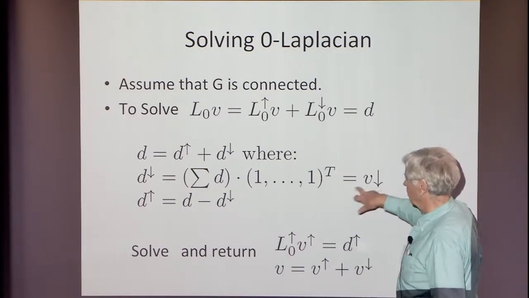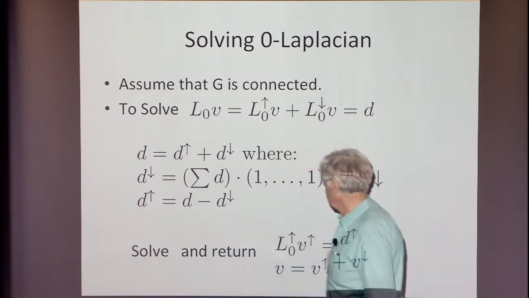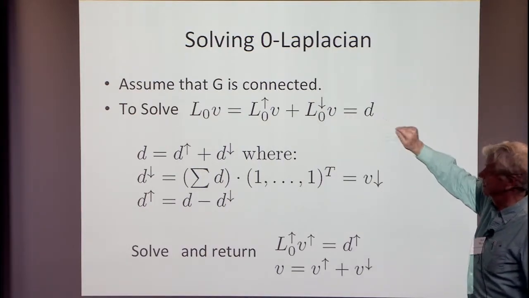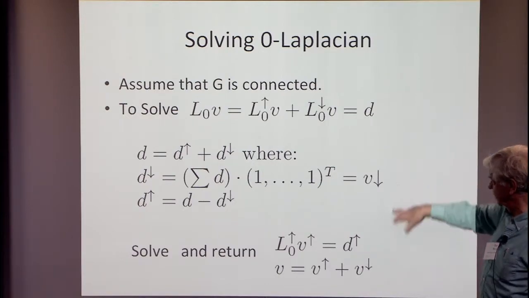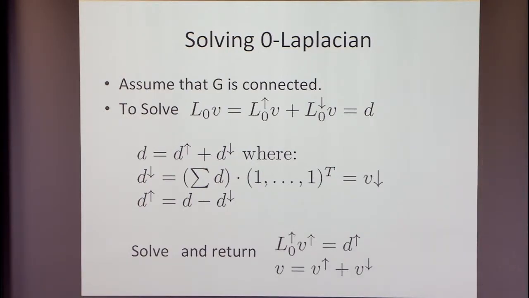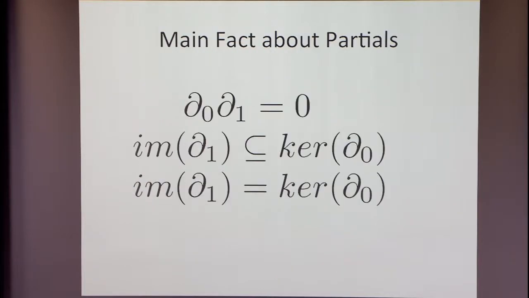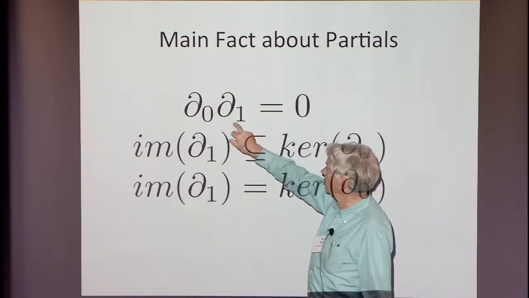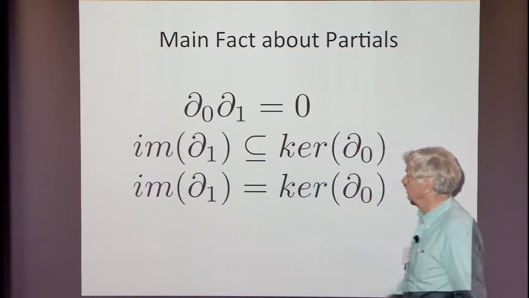When we remove that, that gives our D up, and then we just solve this equation. This is just the classic thing we always do: you make sure that the demand has the property that the sum of the demands is 0, right? And this is just a pedantic way of saying that. Okay, good. What makes all this work is this very nice property that if you take the boundary operator 1 and then apply the 0, you get 0. Okay?